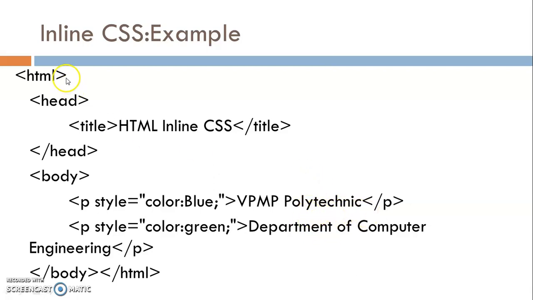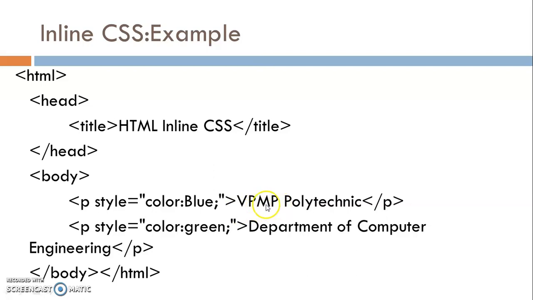To write inline CSS, I just use the style attribute in the relevant element, here the paragraph p element, then style equal to, in double quotation marks, first the property name, here color, then colon, and the value, meaning the color name blue.